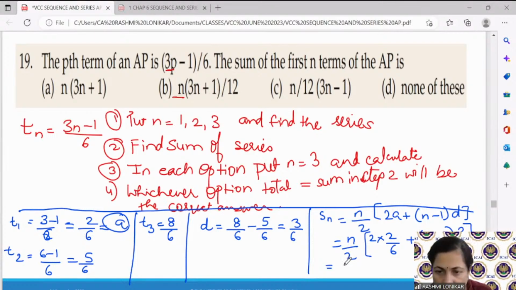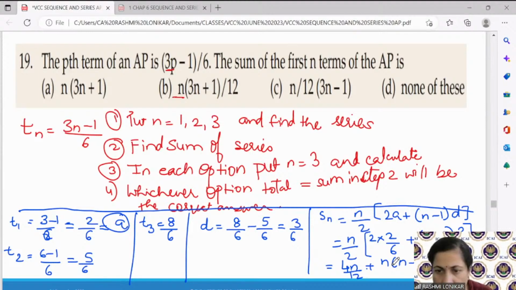This will be 4n upon 12 plus n into (n minus 1) into 3 upon 6 into 2.